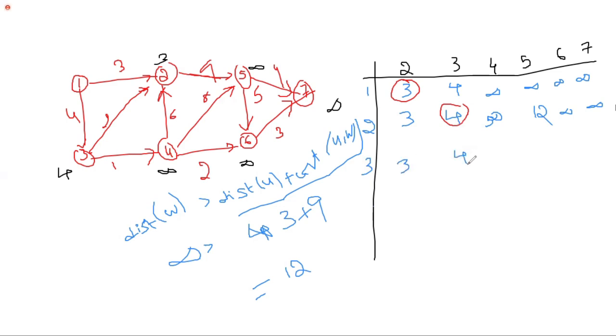Now I'm making the third vertex as known, which means I can reach 4 via the vertex 3. So 4 plus 1, which is 5. Next, 1 to 5, is there any other possibility via the vertex number 3? No, so it is 12 only. Is there any possibility to reach 6? No. Is there any possibility to reach 7? No.